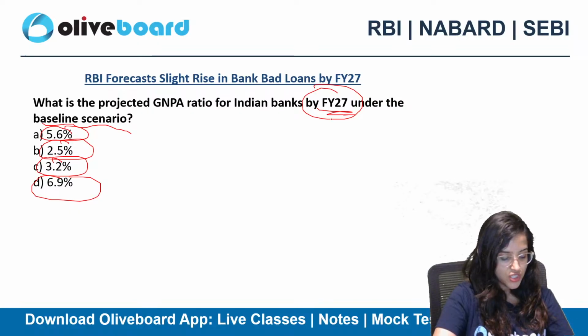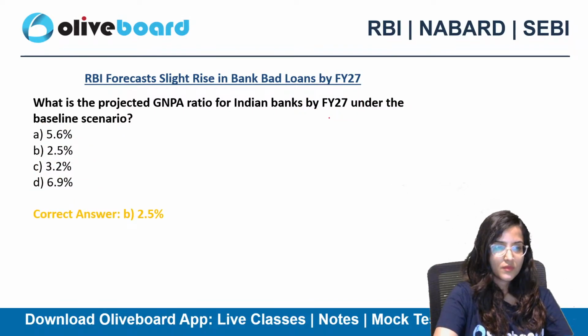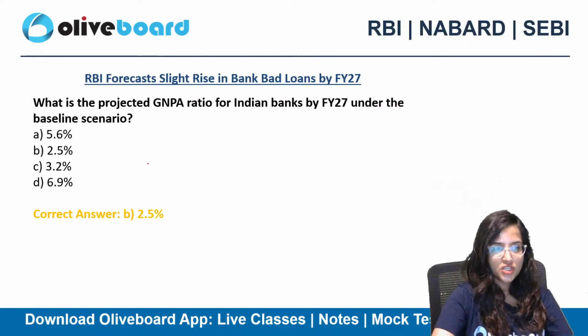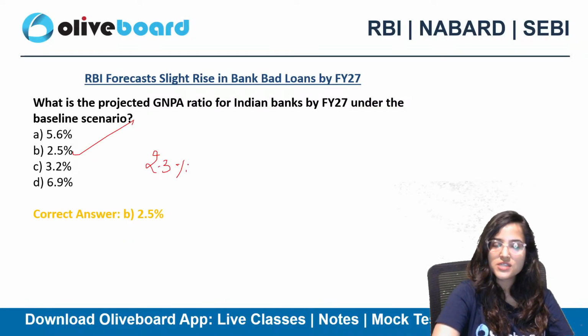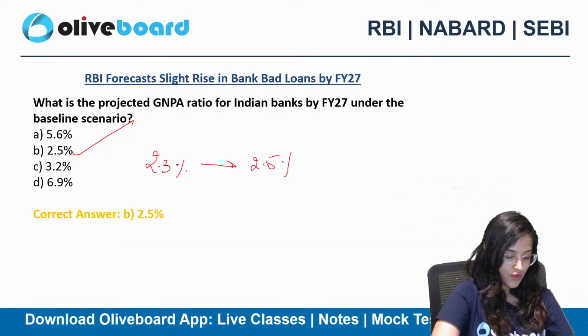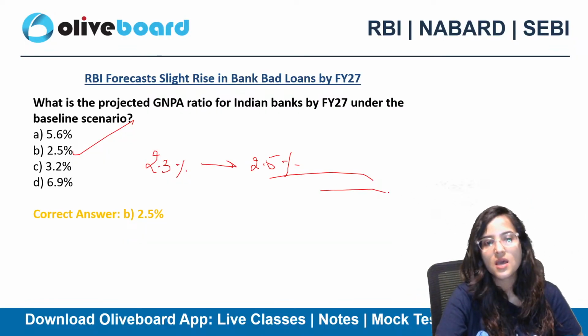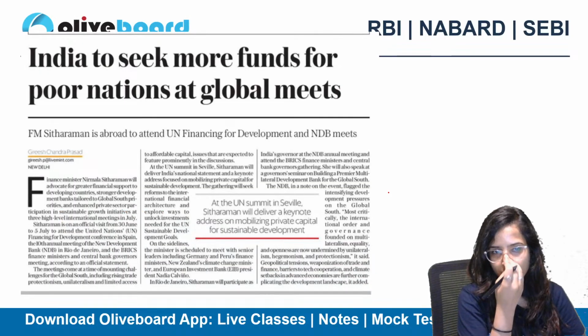What about others? Right, 2.5%. It's not 5.6%, Chetan, it's 2.5%. So marginally we are seeing a rise from 2.3% to 2.5%, a marginal increase in gross NPAs by financial year 27.